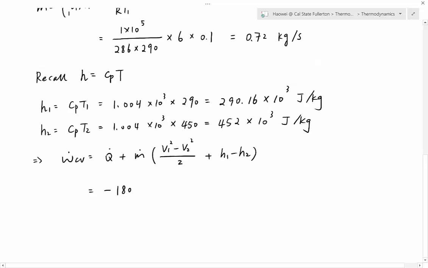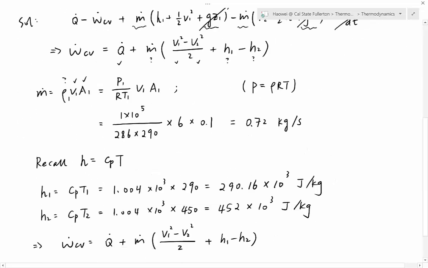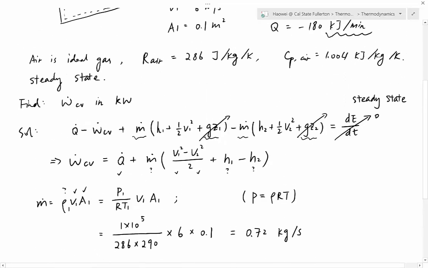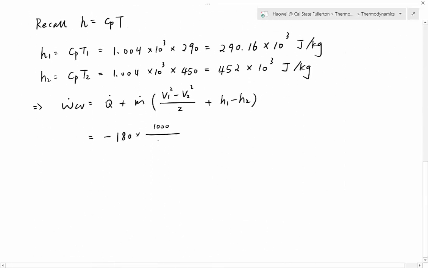And let's double check the unit. What is the unit? Kilojoules per minute. So we need to convert it to SI. First, kilojoules to joules, that's multiplied by 1000. And then divided by minutes. 1 minute is equal to 60 seconds. So now everything is SI.